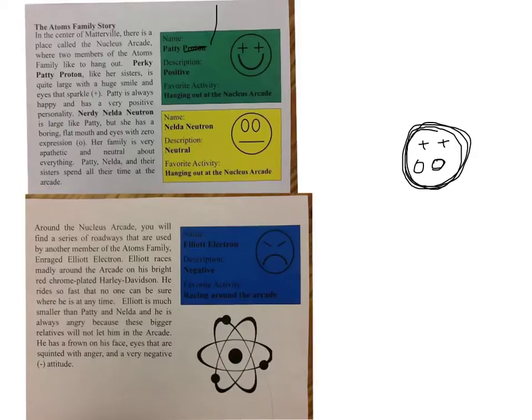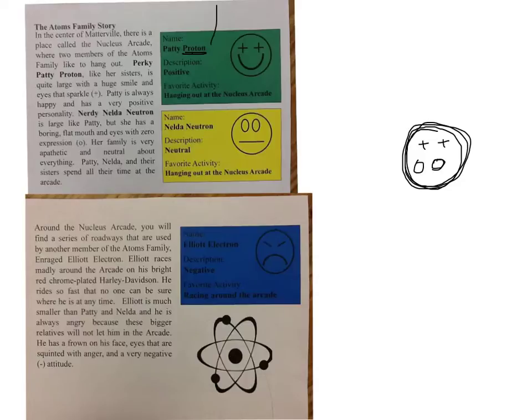Protons are positively charged particles inside of atoms. So every time we see a positive, really that's a proton. Every time you see a 0, which is a neutral charge, that's really a neutron. And both protons and neutrons can be found in the nucleus.